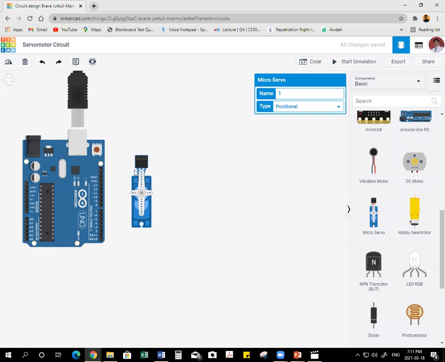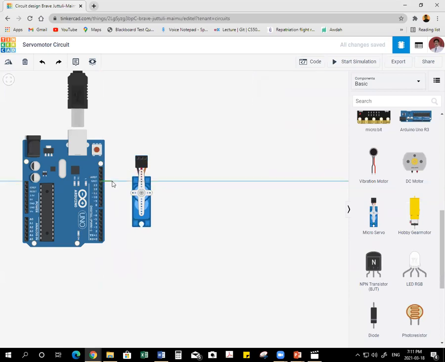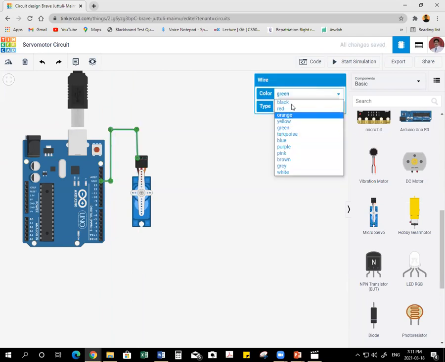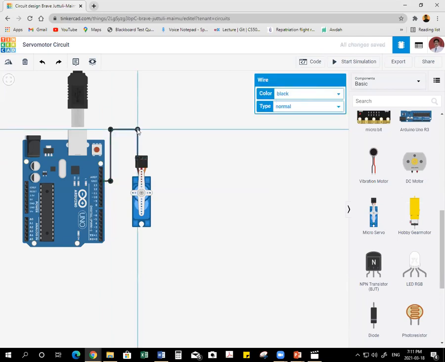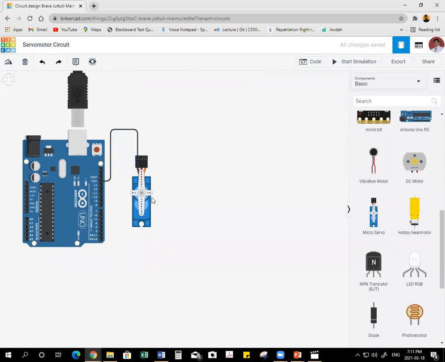Now I will connect ground first. Yes, no need of breadboard here, only 3 connections. Connected. Now it is black because it is ground.